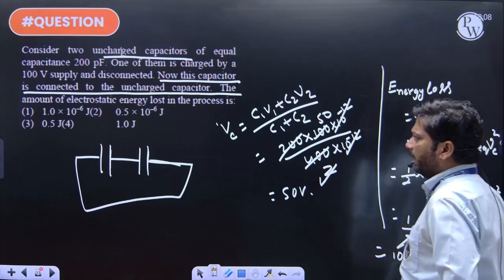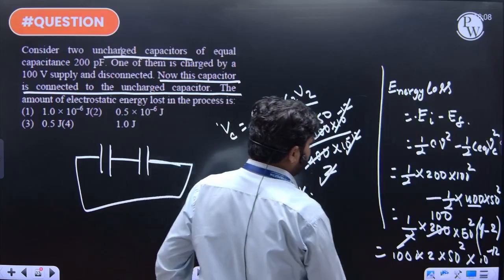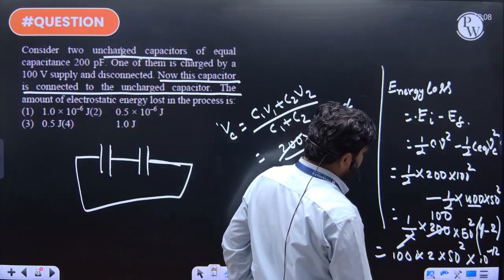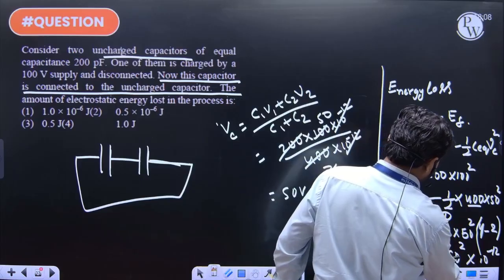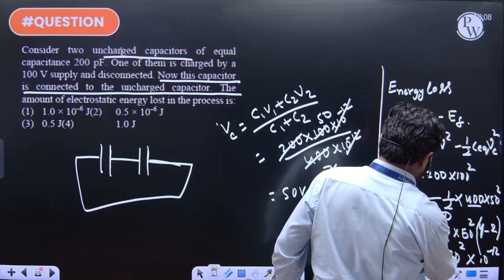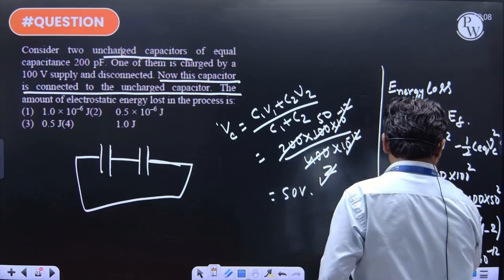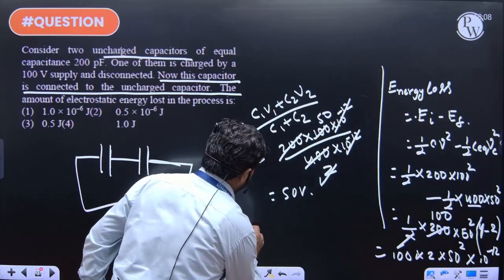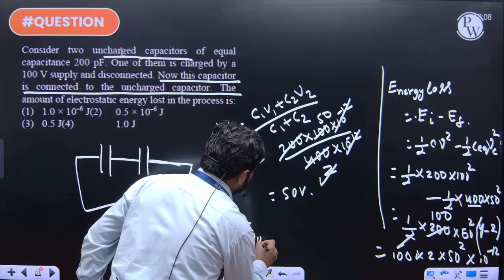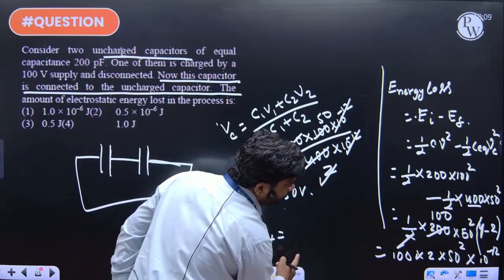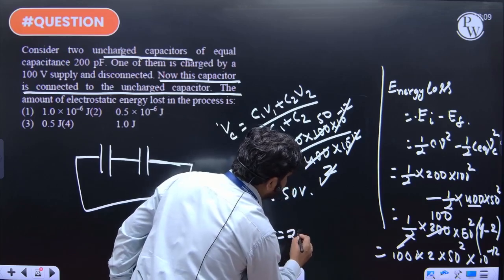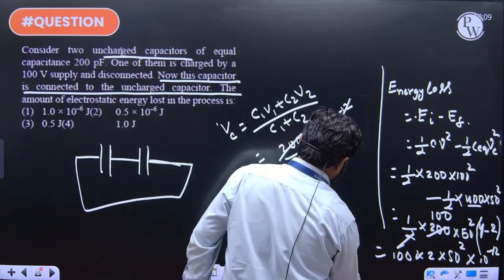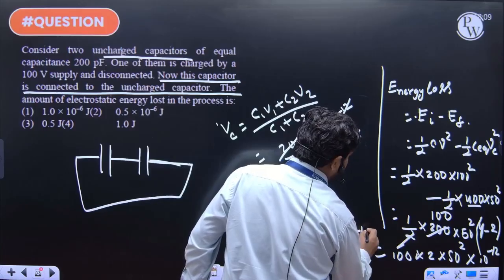So whatever answer you are getting, how much answer will we get? 100 into 2 into 50 square, so the energy lost is coming out to be 50 square, that is 25 into 2 into 10 square, that is 100, 10 to the power 4 into 10 to the power minus 12.